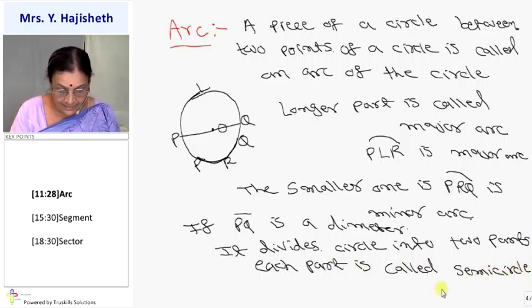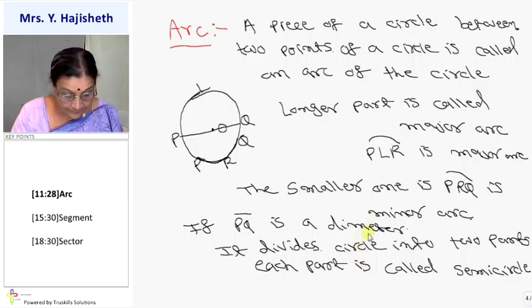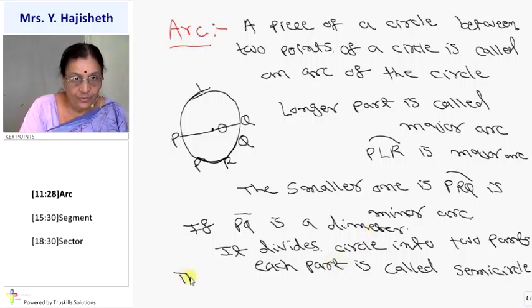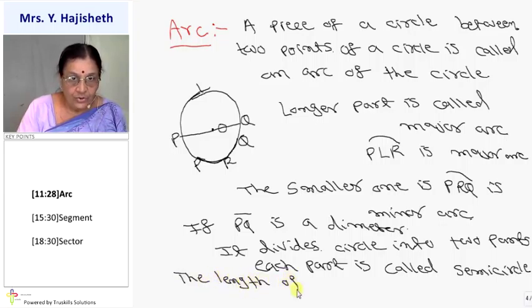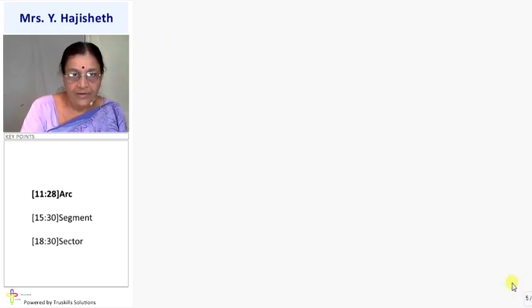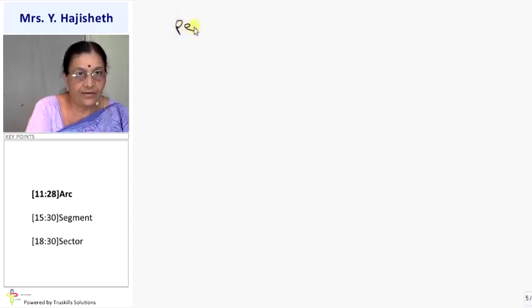So here both arcs are of equal length. Each part of the circle we call a semicircle. And the length of the complete circle is called the perimeter or circumference of the circle.